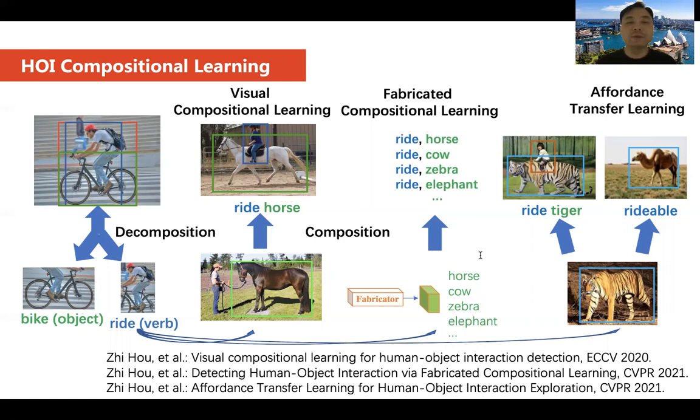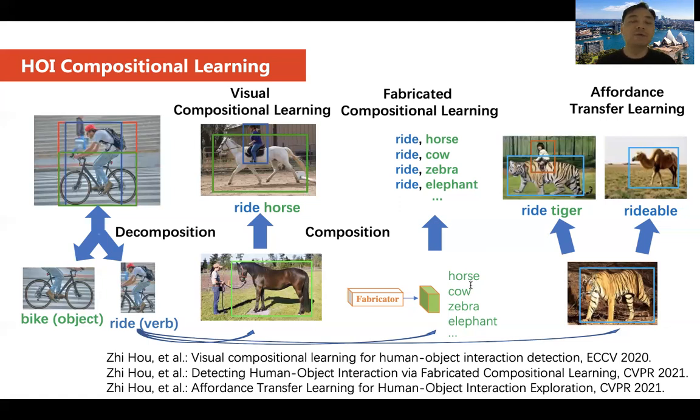Though visual compositional learning achieves important improvement, we further notice that the long-tailed HOI distribution mainly comes from the long-tailed verbal object distribution. As a result, the composite HOIs in visual compositional learning might also be long-tailed, which degrades the performance.